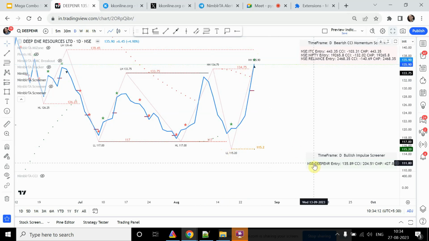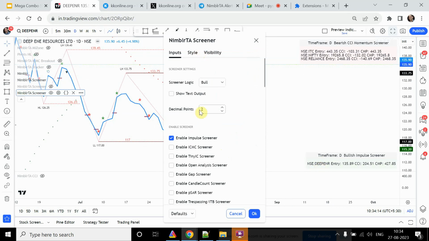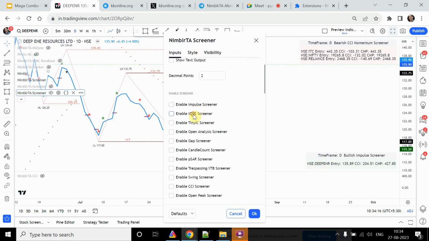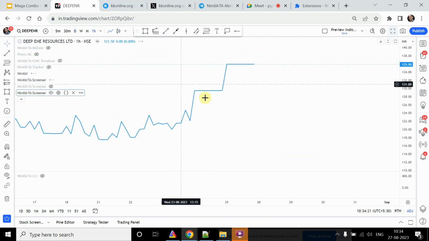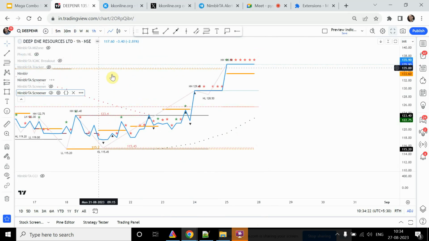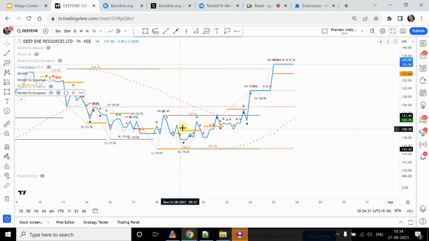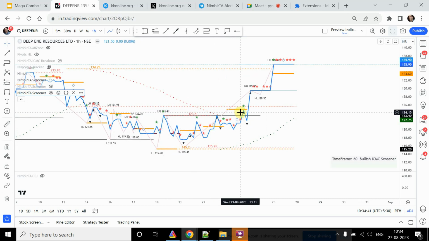Similarly, if I change this and want to scan where ICMC breakouts are happening on the daily basis, or let's come to an hourly basis, we would be able to identify on an hourly basis. We saw that the stock moved up, and on the orange line levels we see that the opens continuously happen above the prior day's open, which tells us the sentiment.